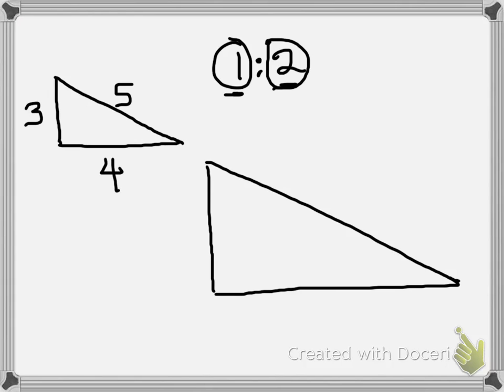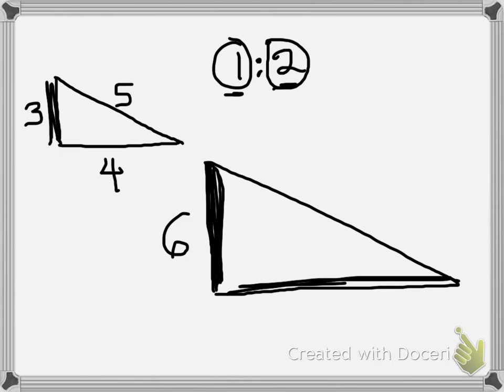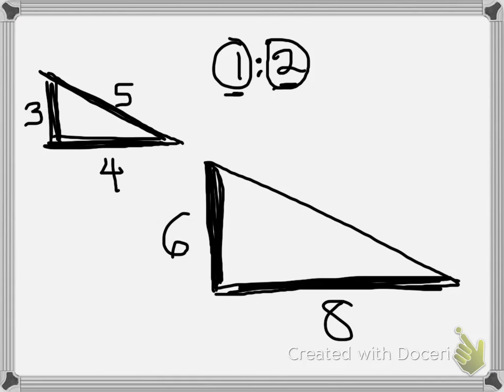So this side right here is twice as big as this side, so it's going to be 6. And then the bottom of the triangle is twice as big as this bottom, so that'll be 8. And then this side that's slanted down, almost like a diagonal, on the big triangle will be 10.